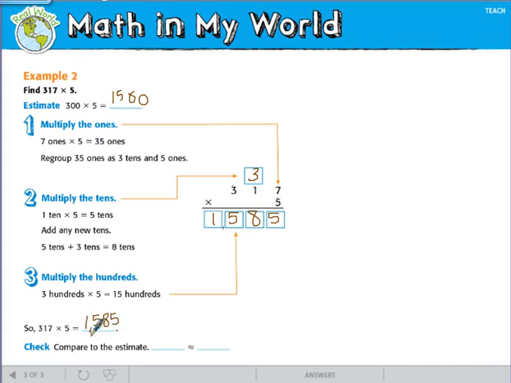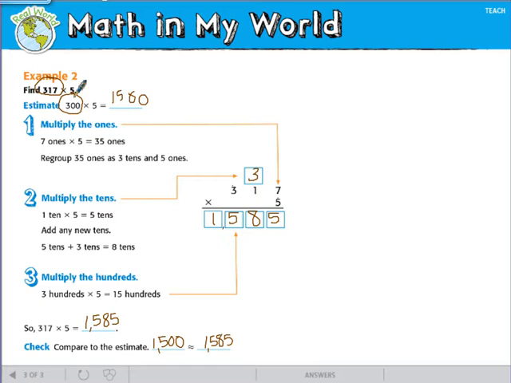And it wants us to check it with our estimate. Our estimate was 1,500. Is that about 1,585? Yes. Now, the other thing that you need to remember about estimates is which way you round. Did they round up or down? Down. They rounded down.